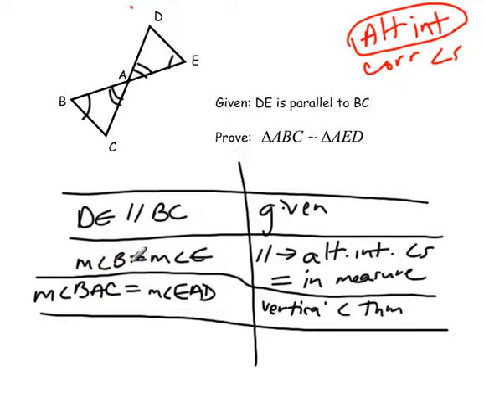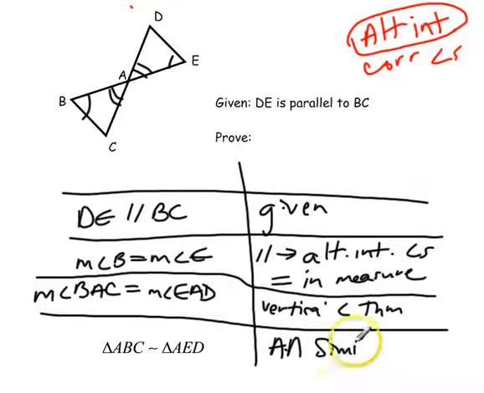Once we know that those two angles are equal in measure, we can go ahead and say that the two triangles are similar by angle-angle similarity theorem. That's it.